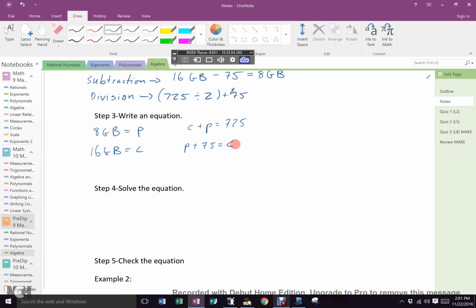Yeah? Or C minus 75 equals P, yeah? We also have 725 minus P equals C, and 725 minus C equals P. What else do we know?